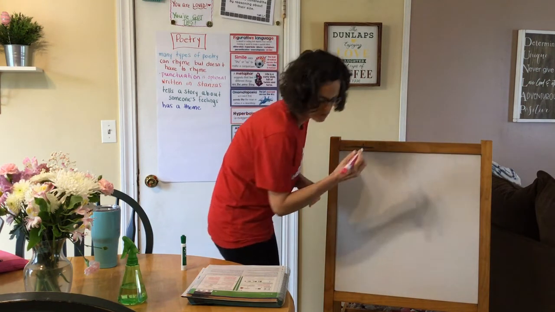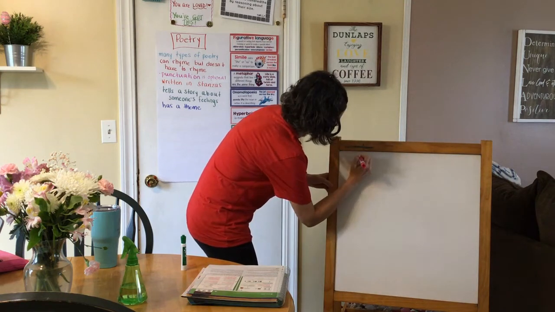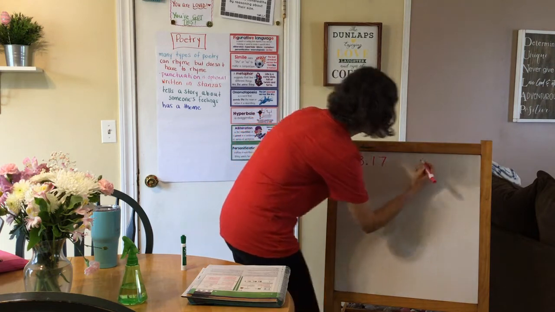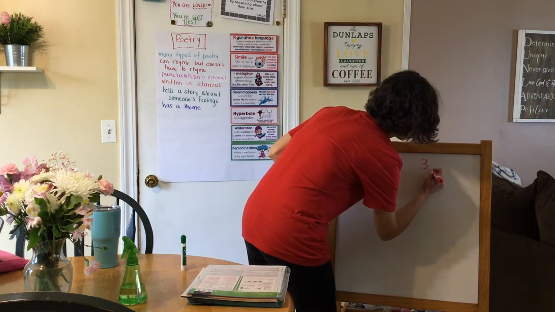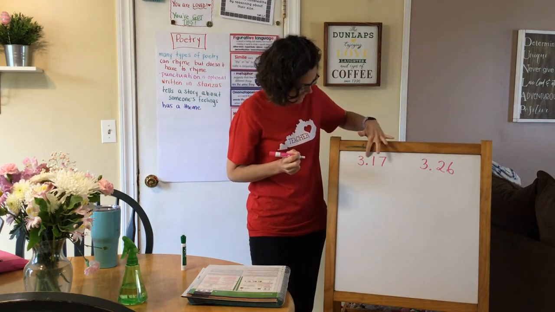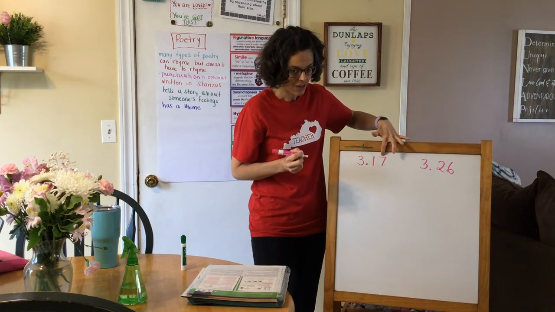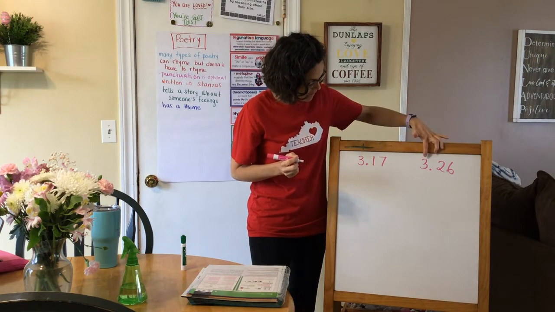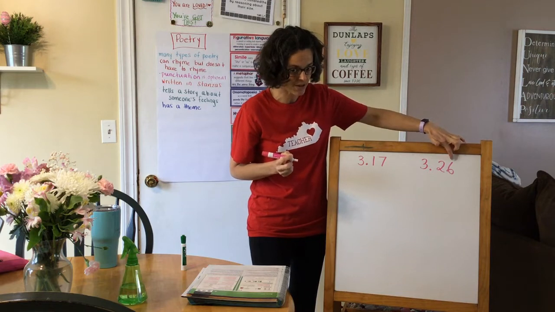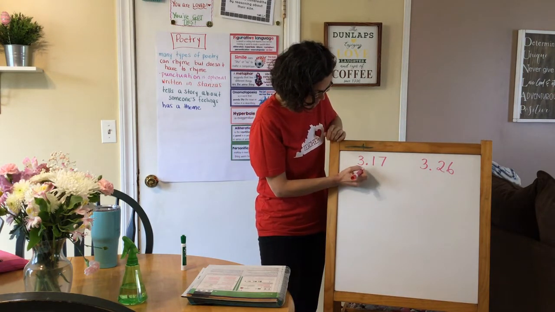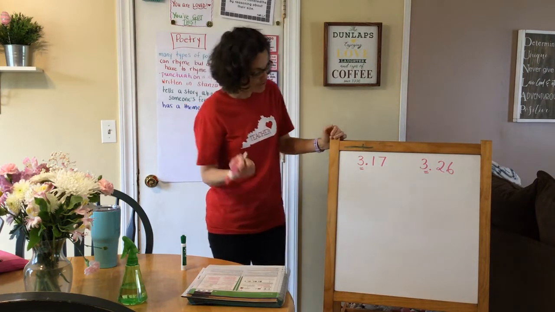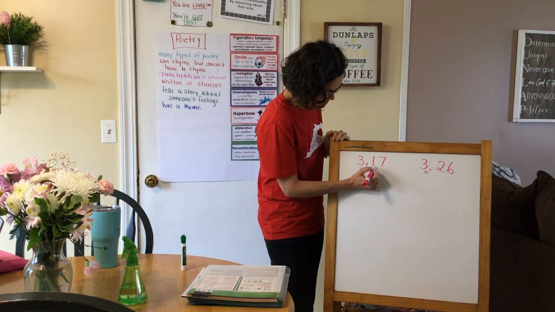Let's do hundredths compared with 3 and 26 hundredths. All right, well, this is where we have to compare our whole numbers. Are our whole numbers the same? Yes. So they're the same, so then we have to go to our tenths.